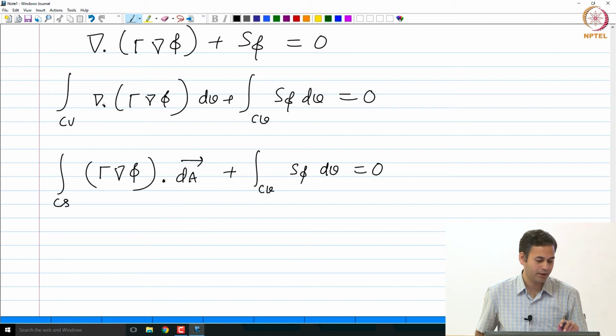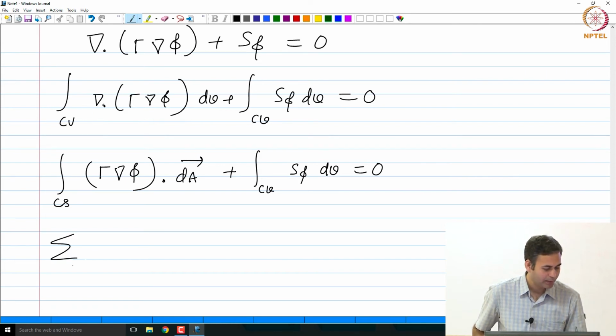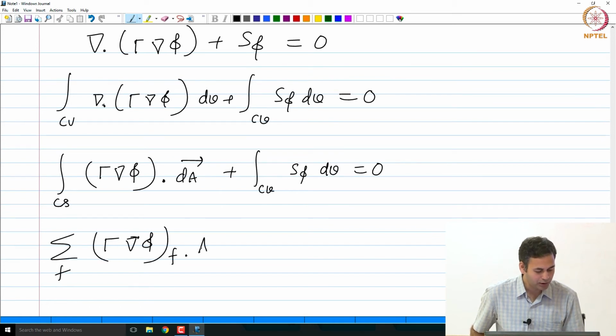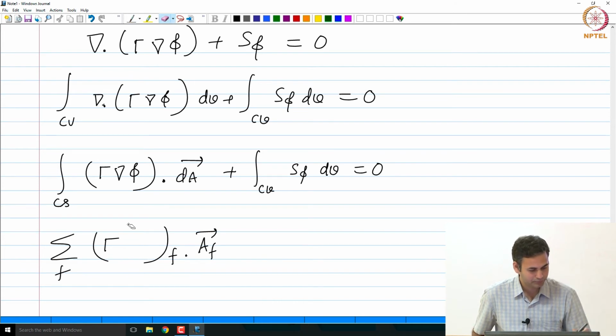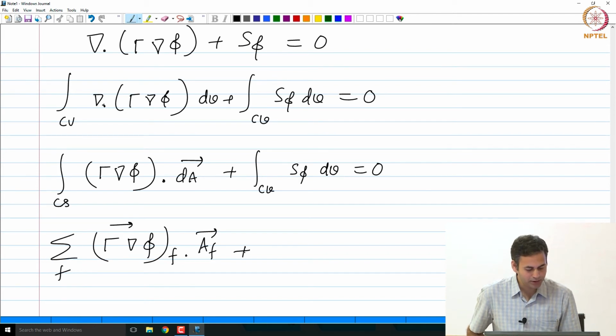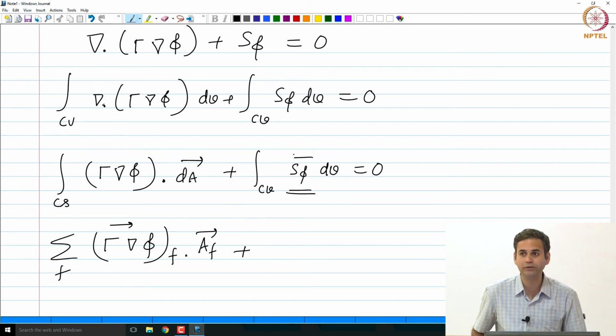We can rewrite this integral as a summation on all the phases. So, this can be written as sigma f gamma grad phi f dot A f bar, plus we would say that S phi can be represented using its average value S phi bar, and we introduce a linearized model for the source term.